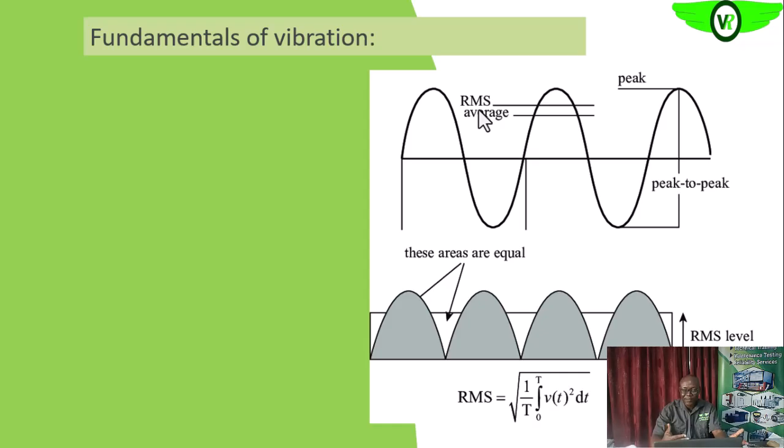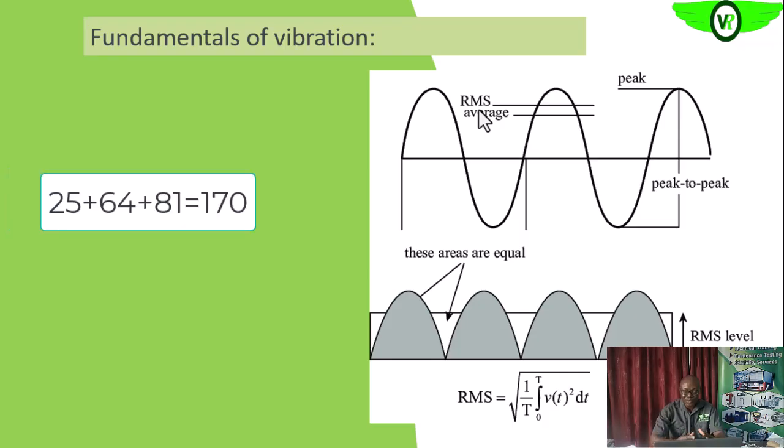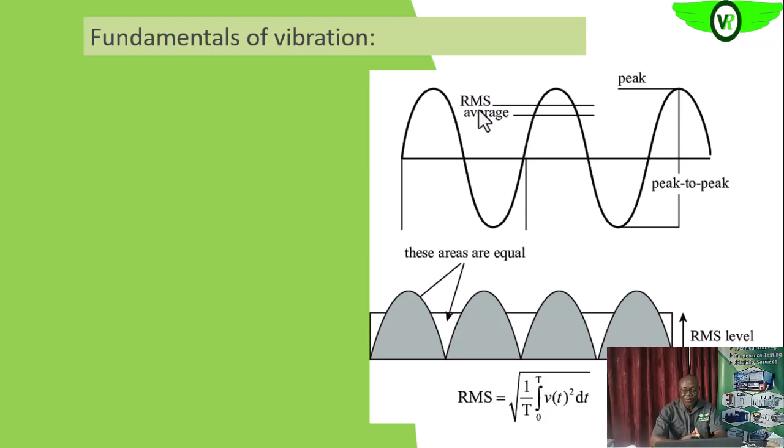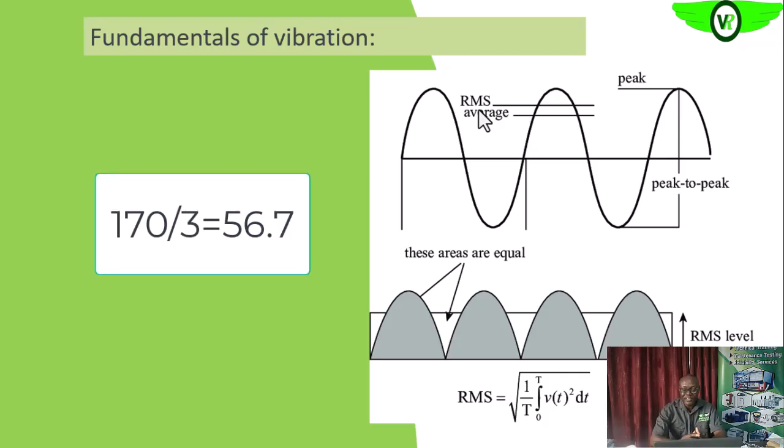So assuming these 3 samples are say 5, 8, and 9. To get the root mean square value, you square each of these. That is the square of 5, square of 8, and square of 9. Add them together. The sum of those squares is what you now look for its average, that is, divide by 3.